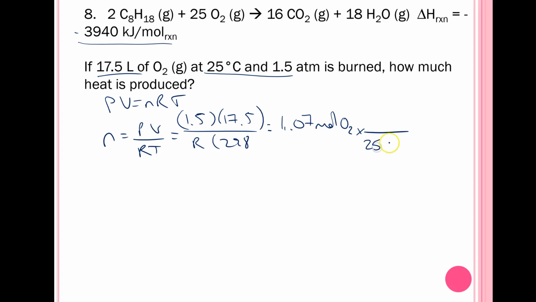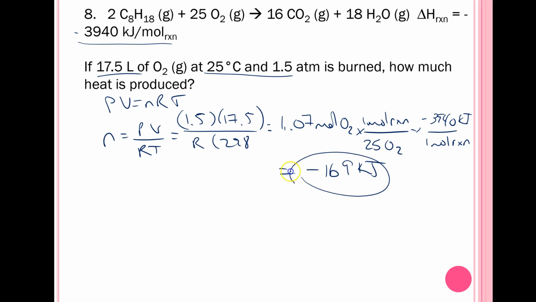It's 25 oxygens for 1 mole of reaction. 1 mole of reaction is negative 3940 kilojoules. So it doesn't matter how you get the moles, as long as when you do the stoichiometry, you include the coefficient in the balanced equation.